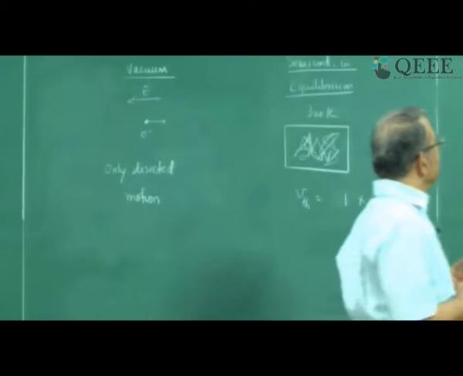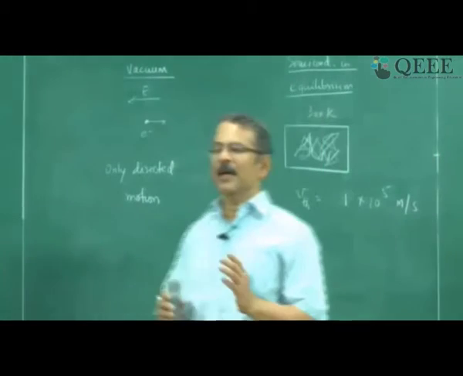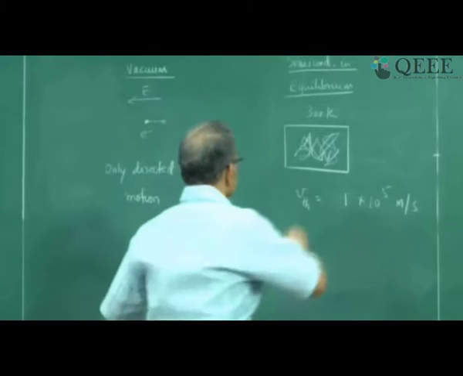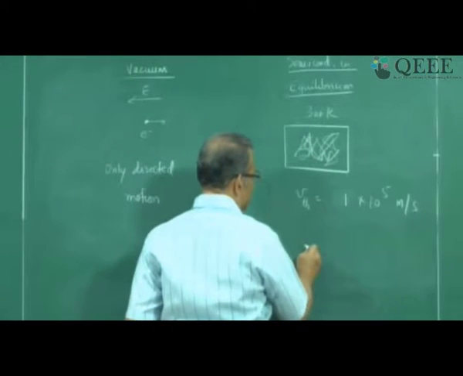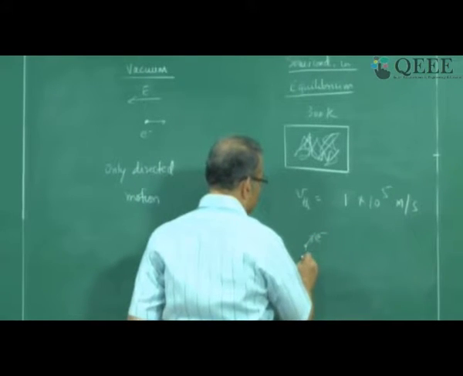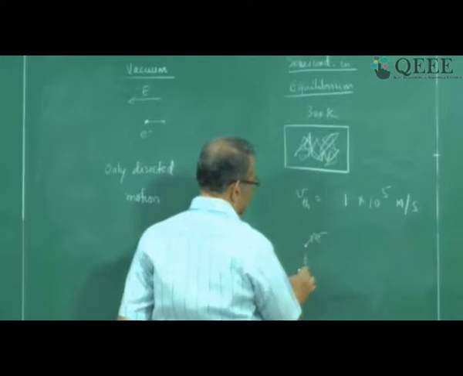So if the lifetime is more, will the electrons and holes move? Yes. They will keep moving around randomly between the generation and recombination. So if I trace the path of an electron, it would be like this. Let us say at this point generation has happened. That means an electron has been created and a hole has been created.